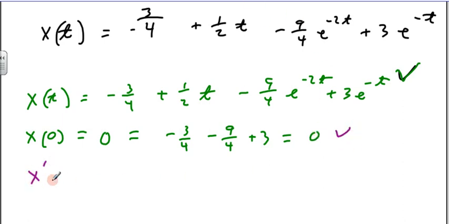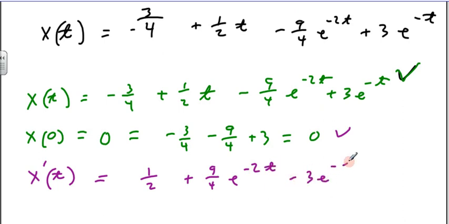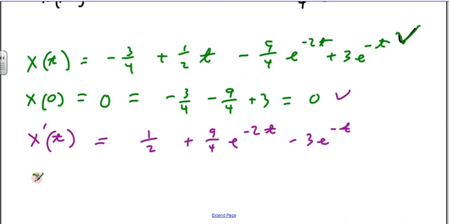I have x prime of t is equal to 1/2 plus 9/2 e to the minus 2t minus 3 e to the minus t, and x prime at 0 is supposed to be 2. I've got 1/2 plus 9/4 minus 3. 1/2 is 2/4.